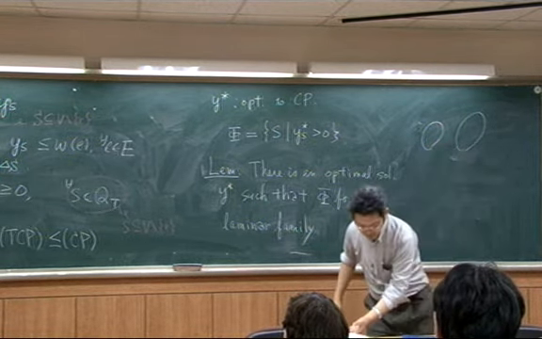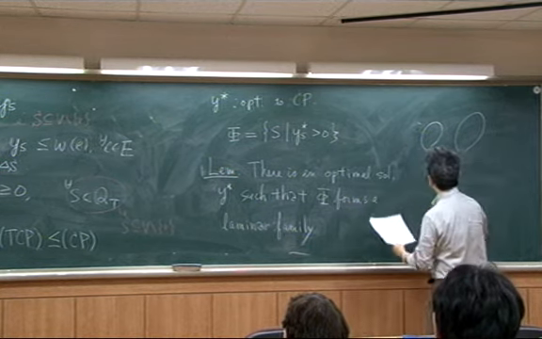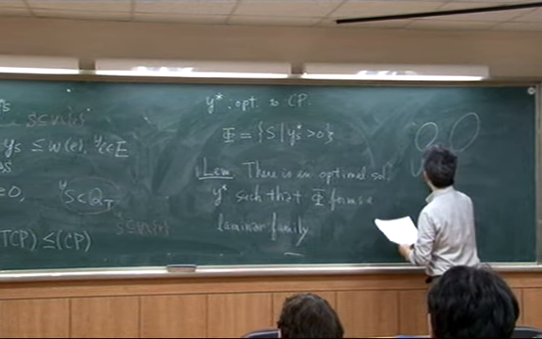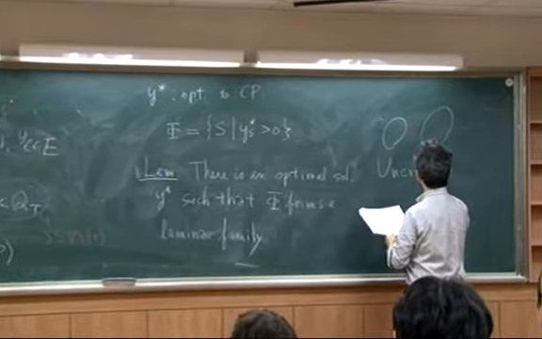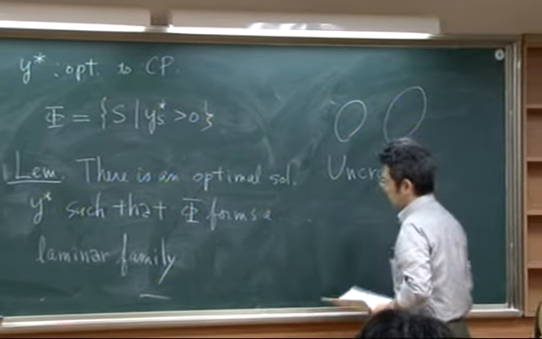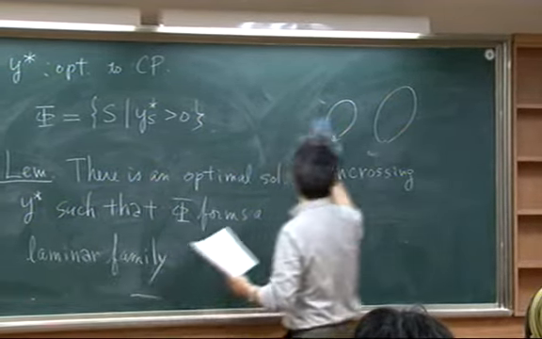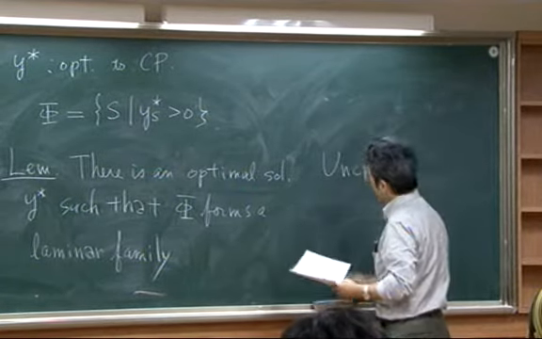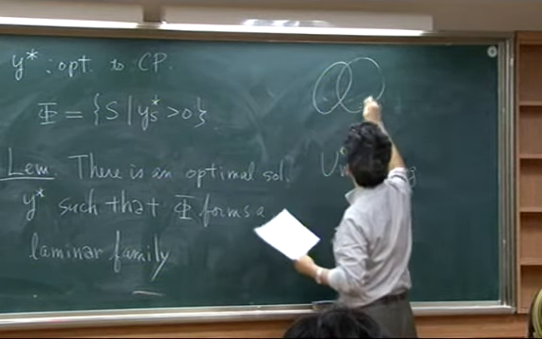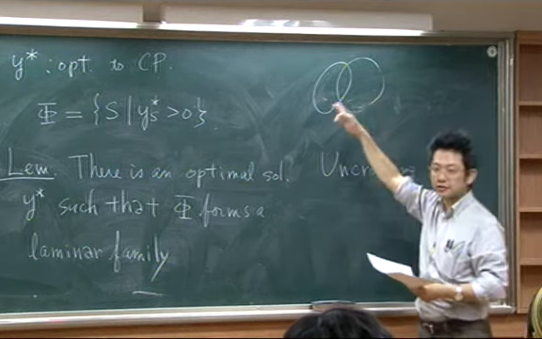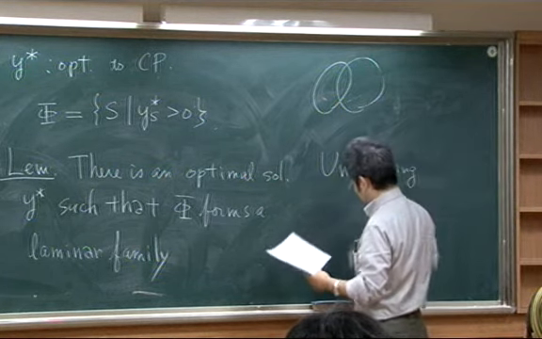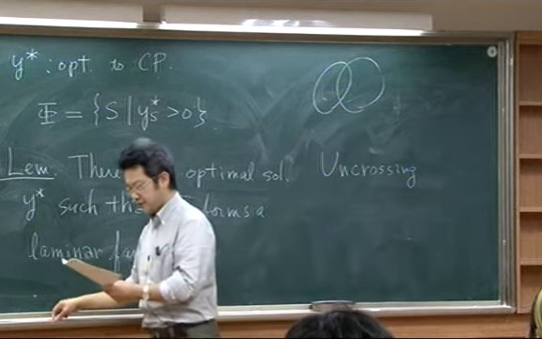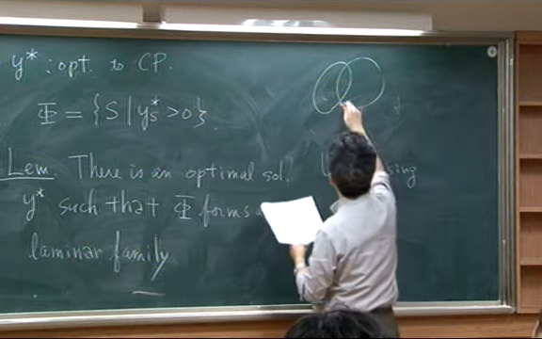This process is called uncrossing. The idea is basically, if you have two sets which have an intersection, which are these crossing pairs, then you can think of its union and intersection.